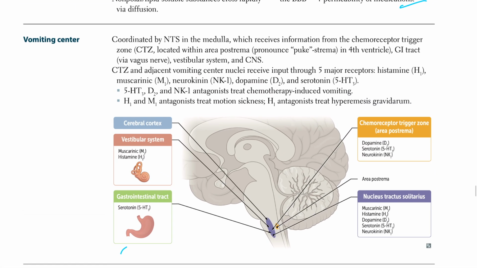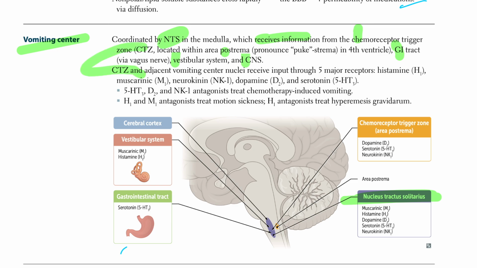So vomiting centers. Okay, vomiting center is coordinated by NTS, nucleus tractus solitarius, which receives information from the chemoreceptor trigger zone, located within the area postrema in the fourth ventricle, GI tract via the vagus nerve, vestibular system, and CNS.